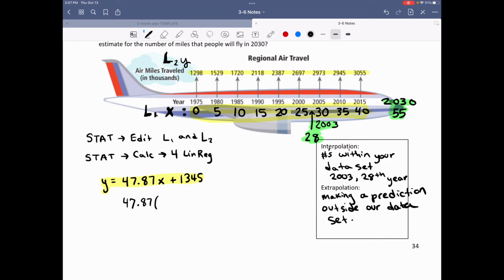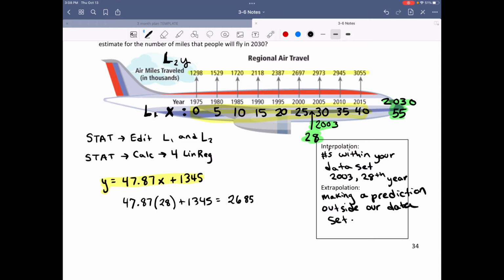And you will multiply by 28 for the 28th year, and then we'll add 1345. So I'm doing that in my calculator right now. And I multiply and then I add. So that is going to equal 2685. So 2,685 miles. And we'll just round it to the nearest whole.